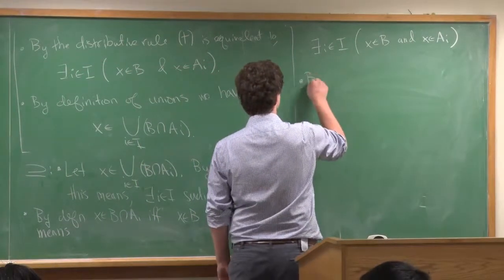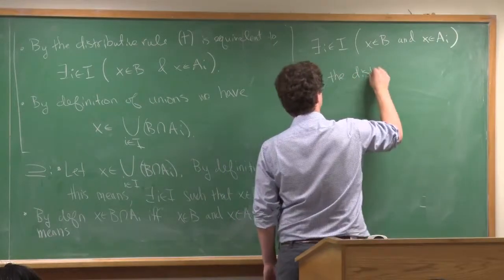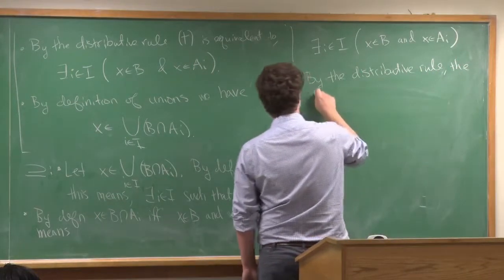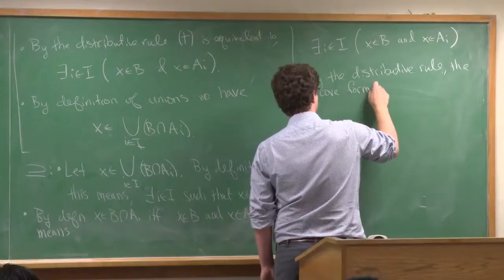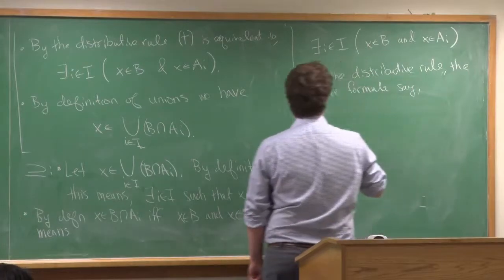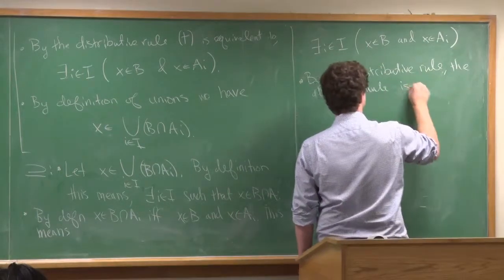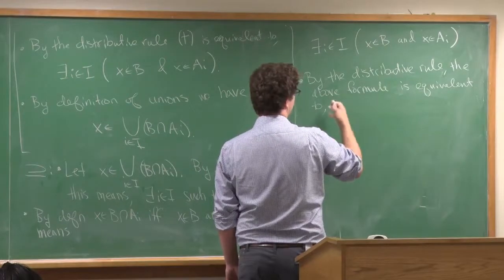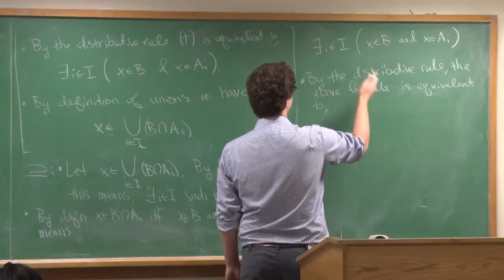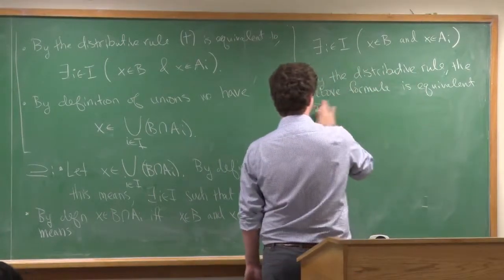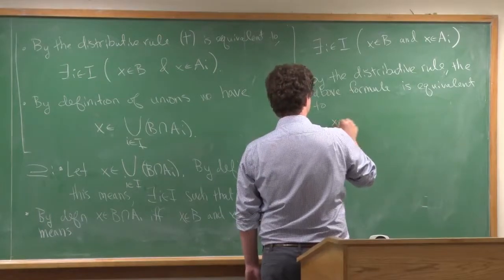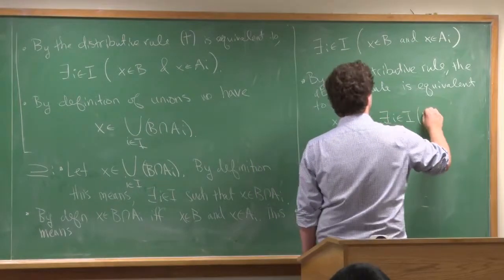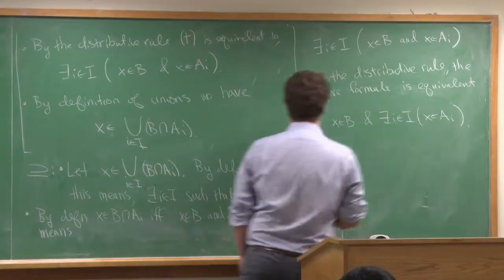So by the distributive rule, the above formula is equivalent to, let's say, so there's not just one distributive rule, but by saying the distributive rule, I'm saying the distributive rule for existential quantifiers and the conjunction. It is equivalent to X is an element of B and there exists some I in I such that X is an element of AI.